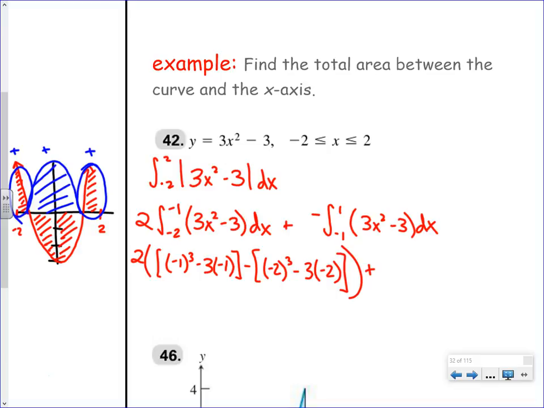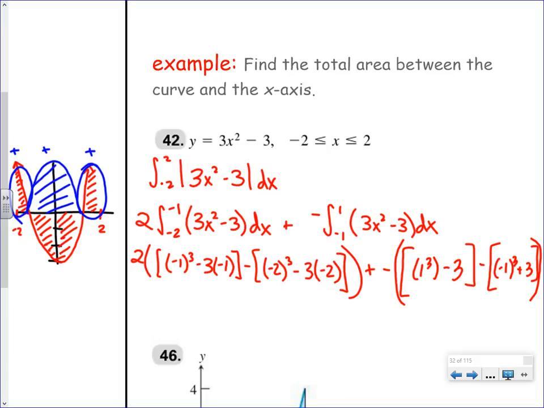That is so much. Hang on. Then plus x cubed minus 3 times 1, minus negative 1 cubed minus 3 times negative 1. There we go. Does that look right?